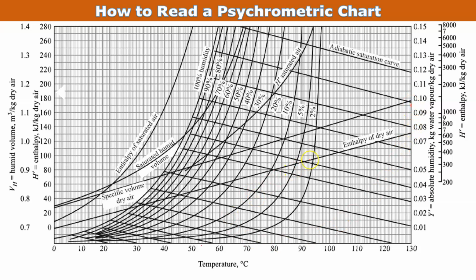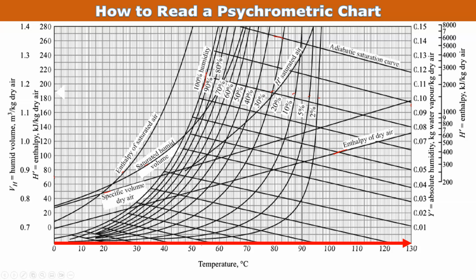This line is the enthalpy of dry air, this line is the specific volume of the dry air, this line the saturated humid volume, this line the enthalpy of the saturated air, and this scale on the left-hand side, the y-axis, is nothing but enthalpy in kJ per kg of dry air, and another axis is given, the humid volume VH in meter cube per kg dry air. Here H dash is enthalpy in kJ per kg dry air. This line is the adiabatic saturation curve, this curved line is the relative humidity, and this is the 100% humidity.